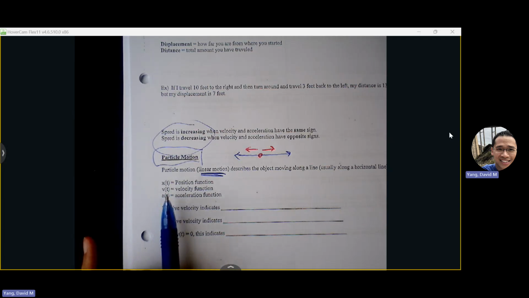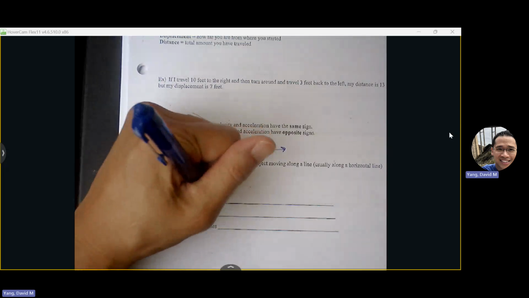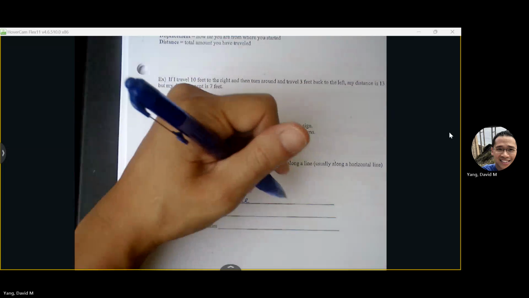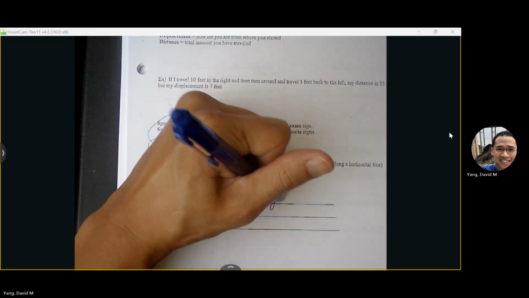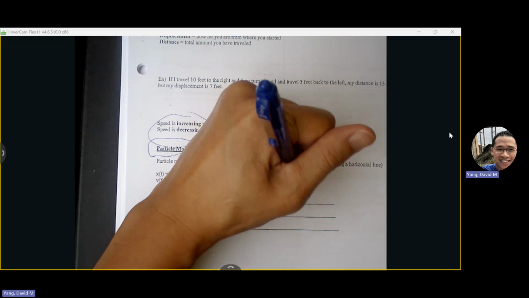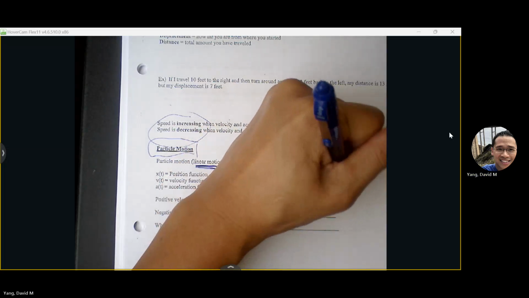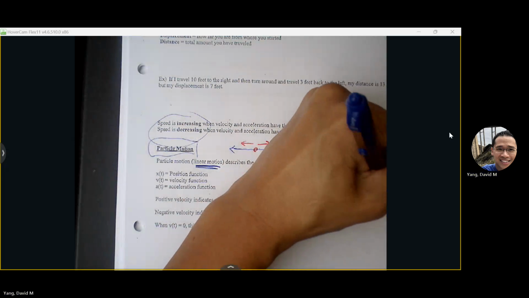depending on the context. So a positive velocity would indicate that the particle is moving in the positive direction, and it's usually going to be to the right.